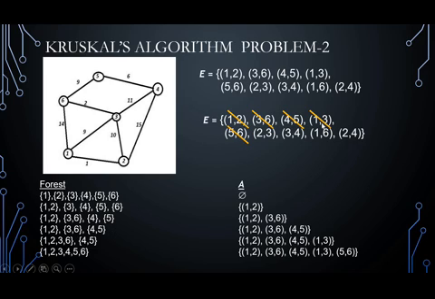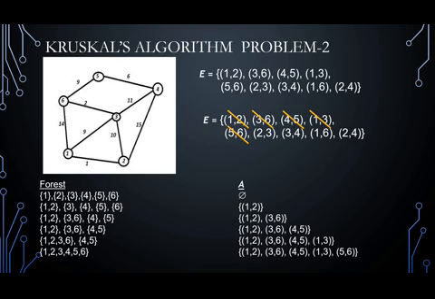Go pick the next edge. The next edge is 1, 3. So 1 is in set number 1, 3 is in set number 2. So they are in two separate sets. So it is a safe edge. Add it onto the solution tree. So your solution tree now has 1, 2, 3, 6, 4, 5, 1, 3.